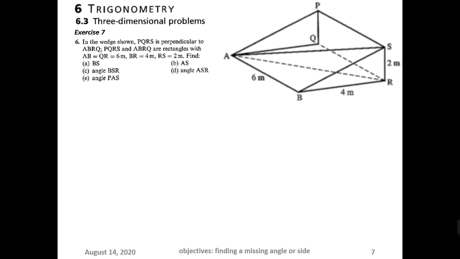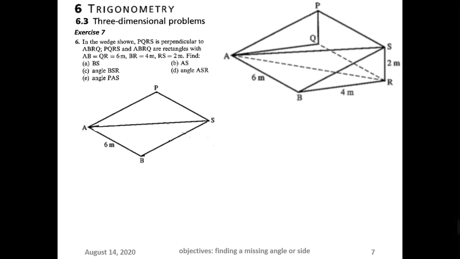The last part of the question, which is finding PAS. And this angle is actually part of the plane or of the top side of the prism, which is a rectangle. Draw a little sketch.